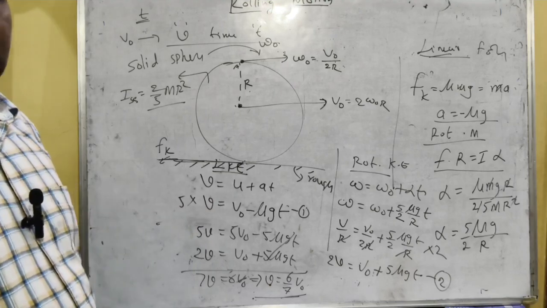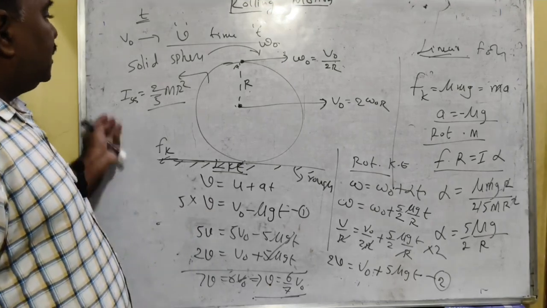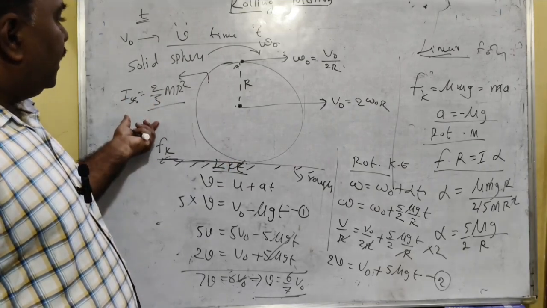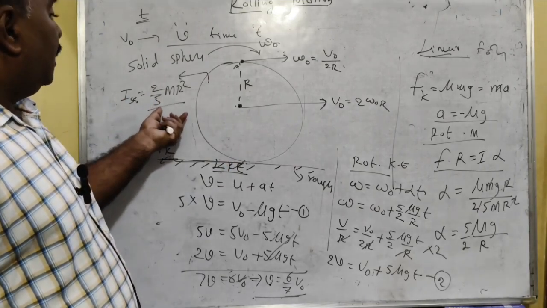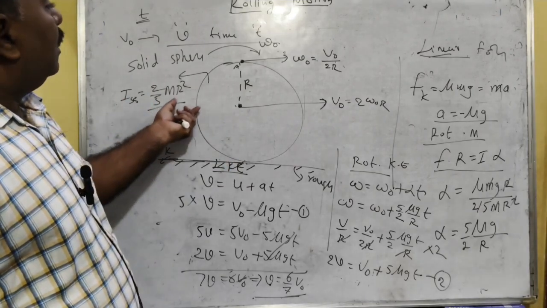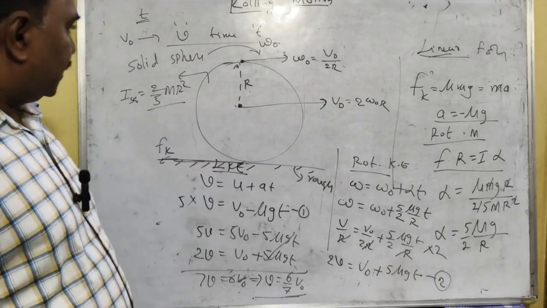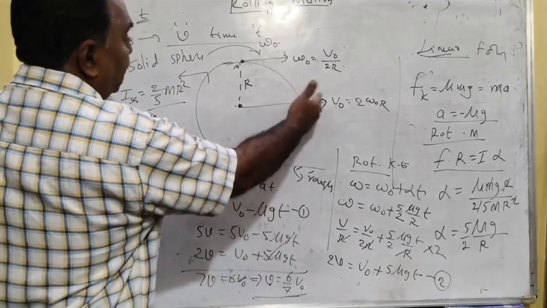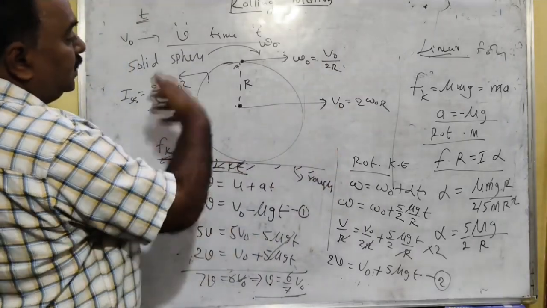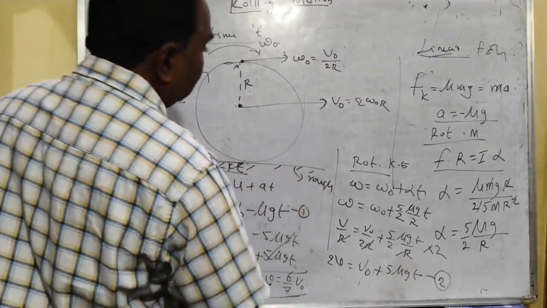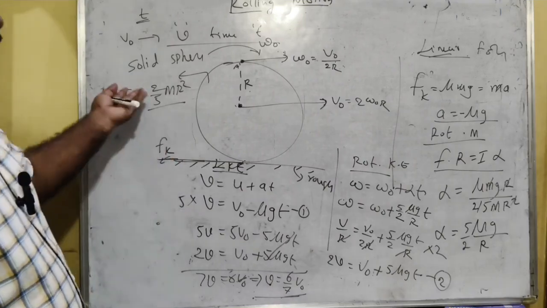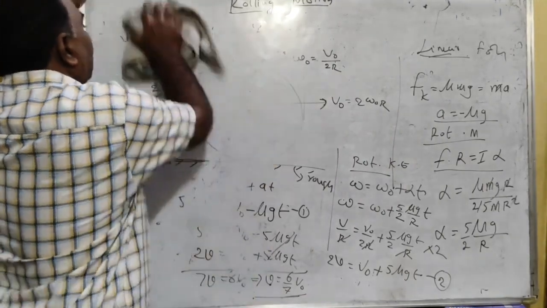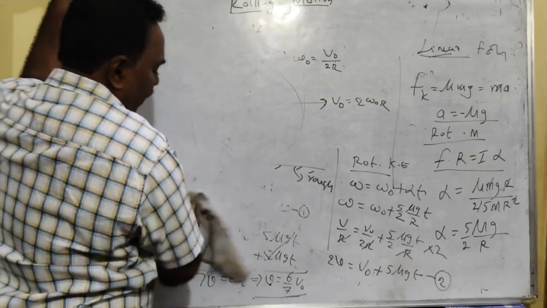This way we get after which time or after which velocity the body goes from non-pure rolling motion into rolling motion. Why? Because this velocity will be reduced to 6/7 times the initial velocity. Obviously its velocity goes on reducing, and at a certain instant of time this body will get pure rolling motion.